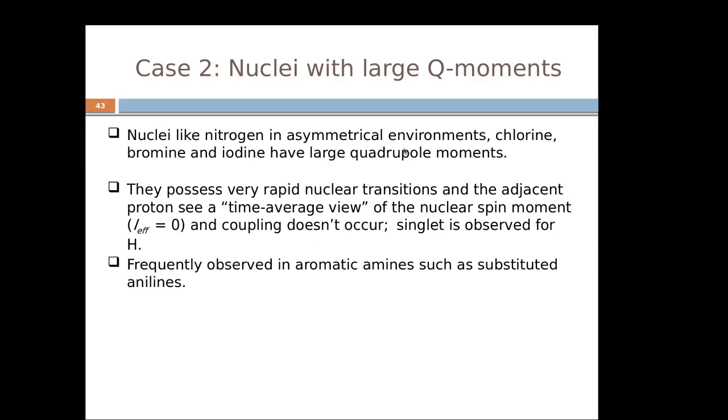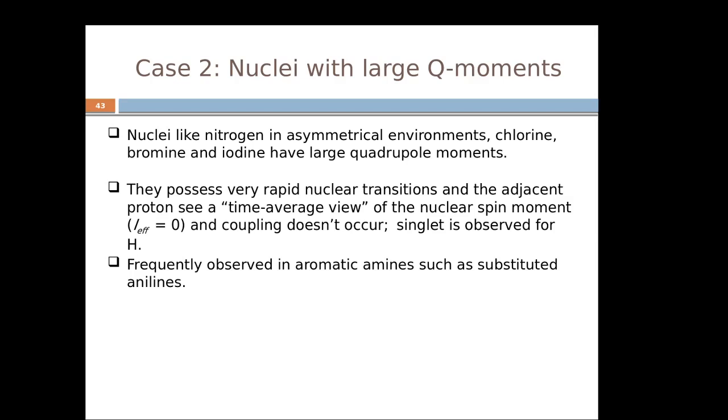Examples are nitrogen in asymmetrical electronic environments, then chlorine, bromine, iodine, etc. They have a very large value of quadrupole moment, and this quadrupole moment can couple with the nuclear spin states of the atom. As a result, the nuclear transitions occur at a very rapid rate because of the coupling between the quadrupole moment and the nuclear magnetic moment.